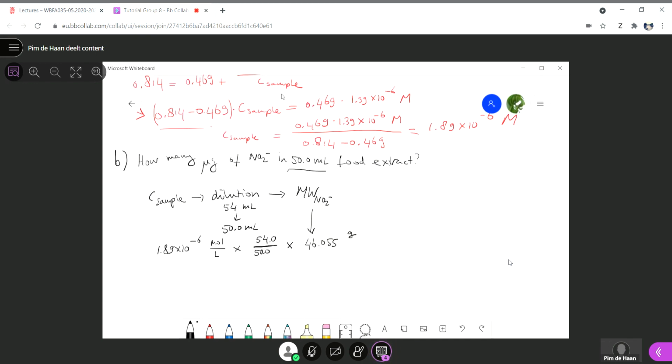And then we get 4.69 times 10 minus 6 grams. And this corresponds to 4.69 micrograms of nitrite, NO2 minus.